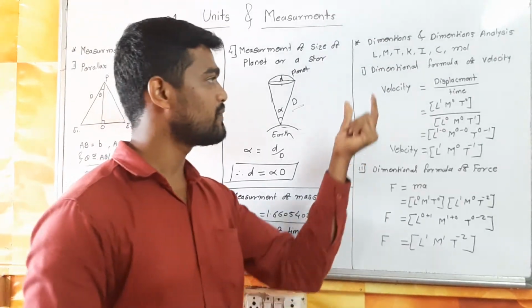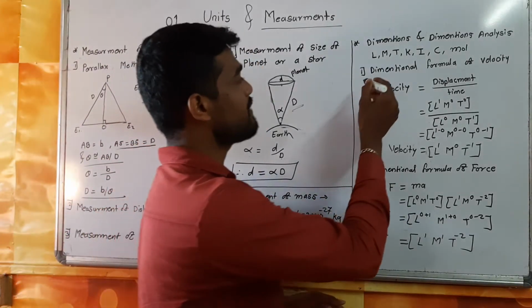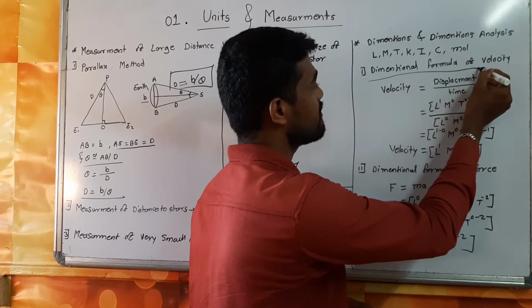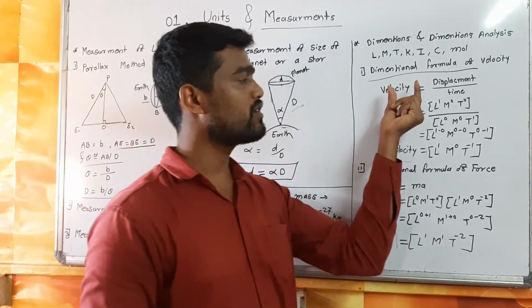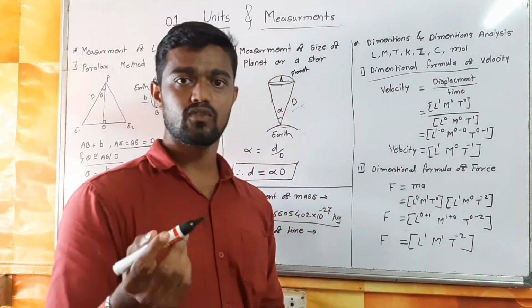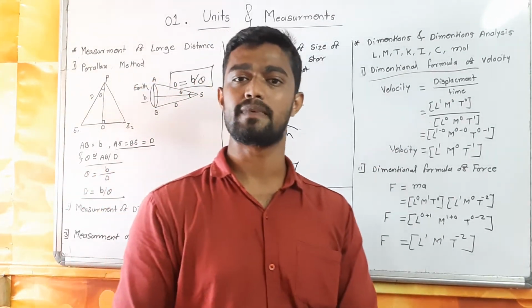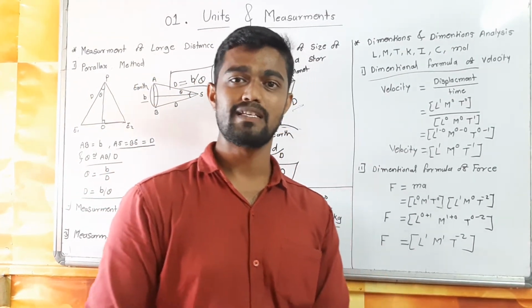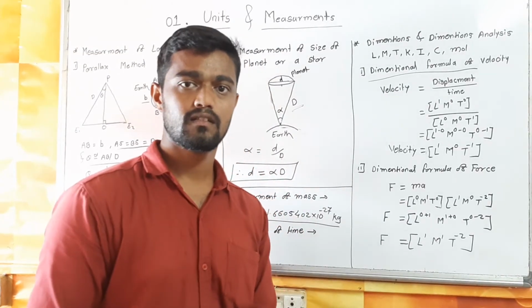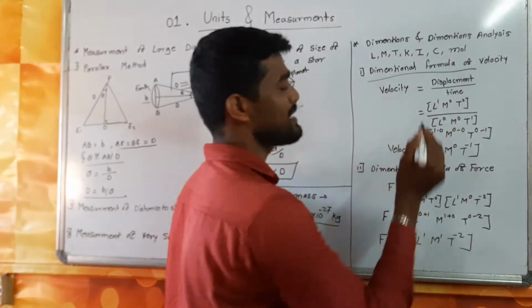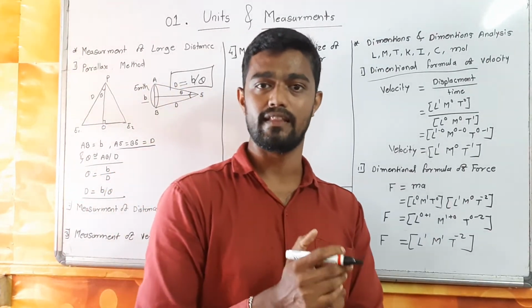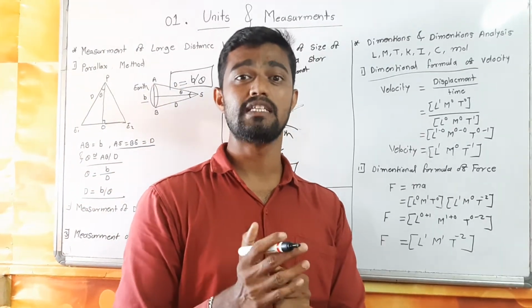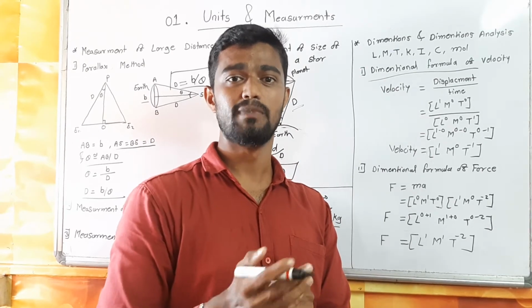Okay, let us see the first example. We find out the dimensional formula of velocity. We know that velocity is equal to displacement upon time. Displacement is called length, so L^1 is present. L defines length, unit is meter.